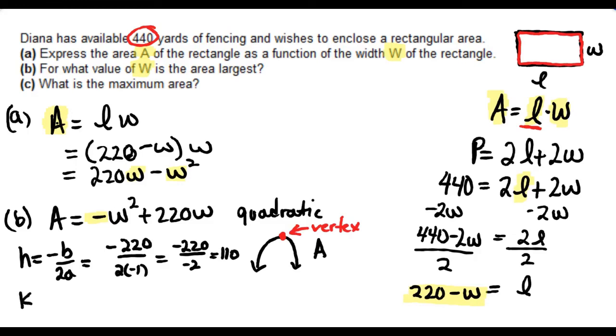Then we find the y part of the vertex by substituting that 110 into the area function. It's going to be negative 110 squared plus 220 times 110.